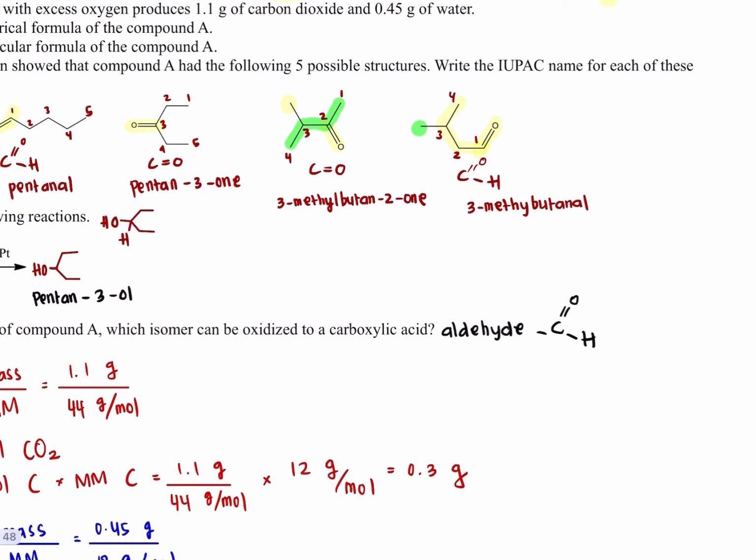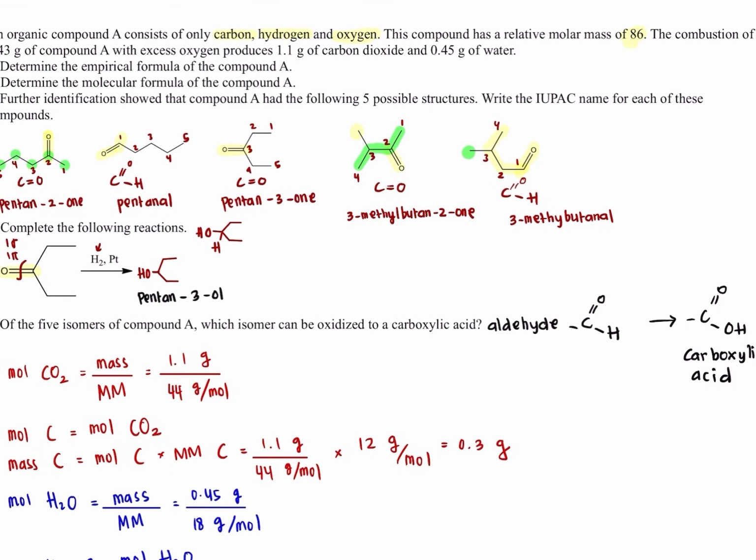So for example, we have an oxidator over here, and then we have COOH as the carboxylic group, the carboxylic acid. So in this case, from the 5 molecules, we have 2 aldehyde compounds. So the pentanal, so this one here, pentanal, and 3-methylbutanal.